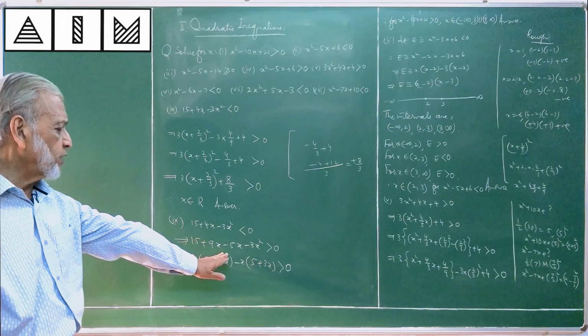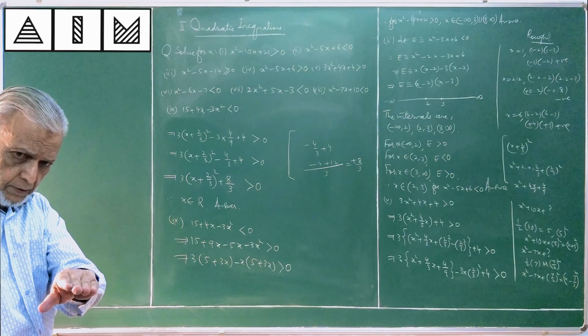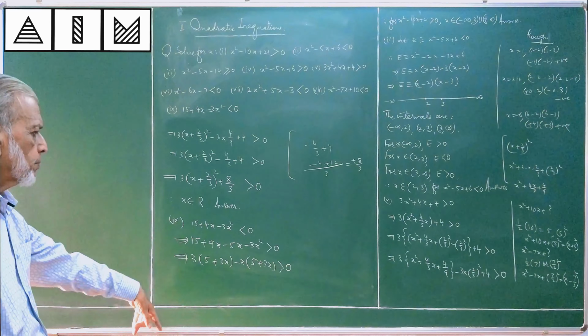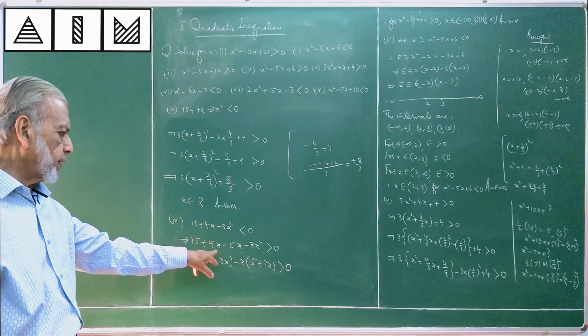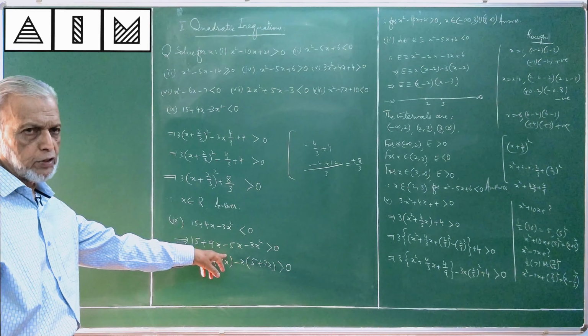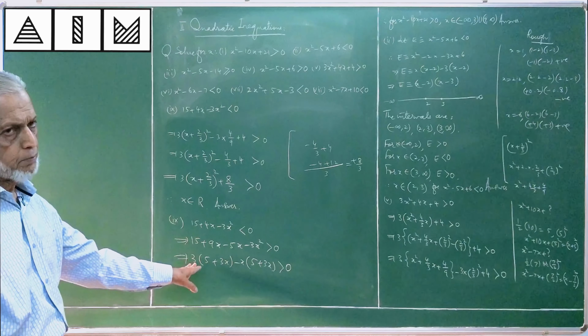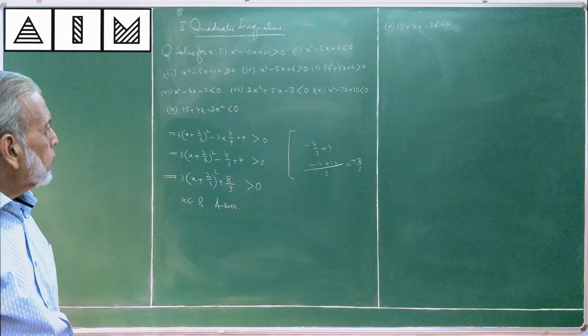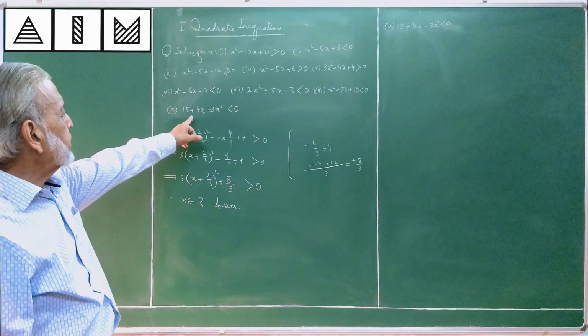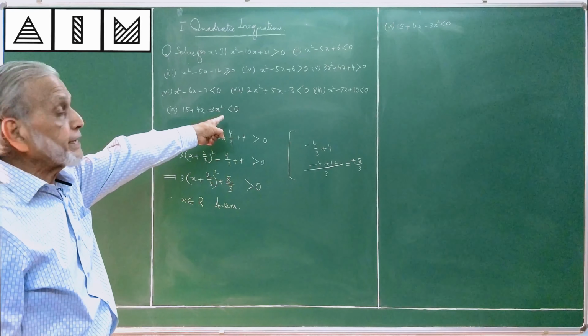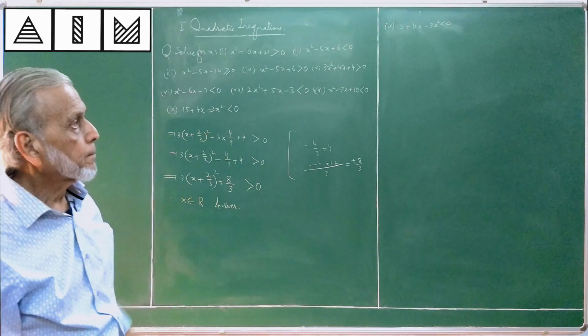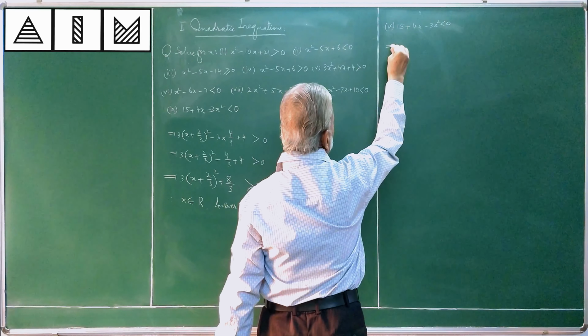I don't want to explain factorization at this level. Should you need, you can ask again, we'll see. But at this level, I don't want to explain how I got plus 9 minus 5 and all that. This is not the level to explain that minormost thing. I am solving one more example. 15 plus 4x minus 3x square negative. Proceed. Factorization.